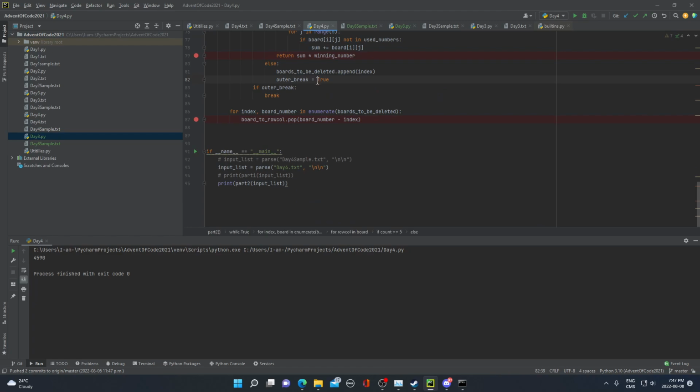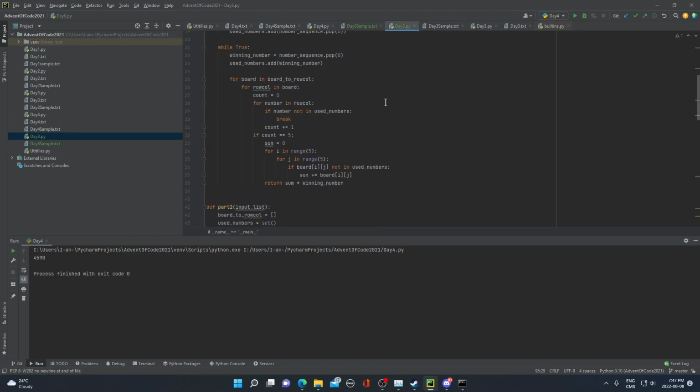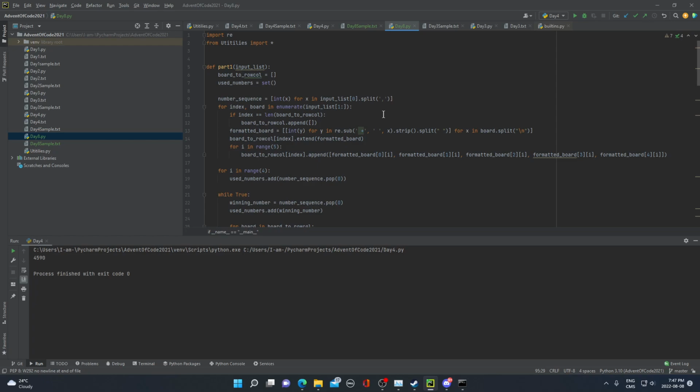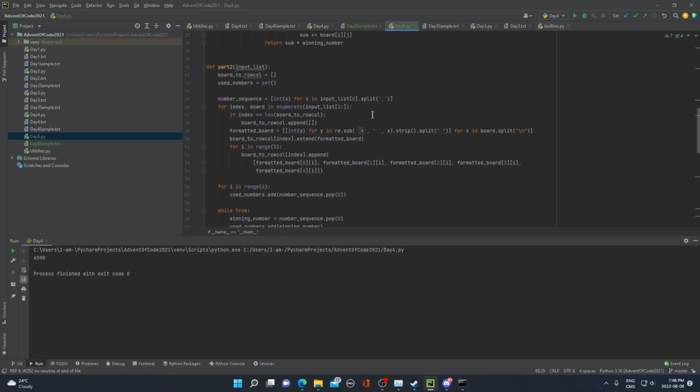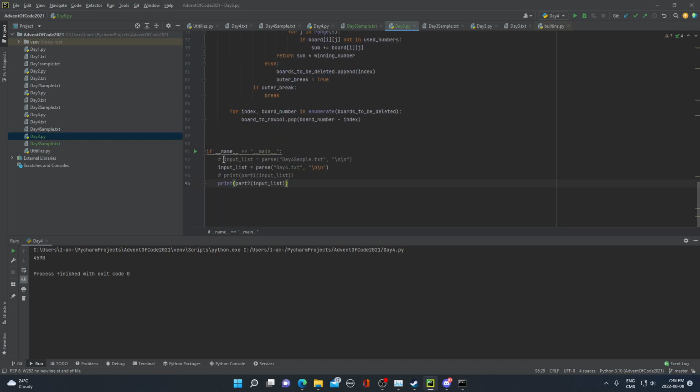This was copied from the day 4 stuff here. Gonna need a day 8 sample, day 8.txt. Initial delimiter is going to be a single new line, which we have.